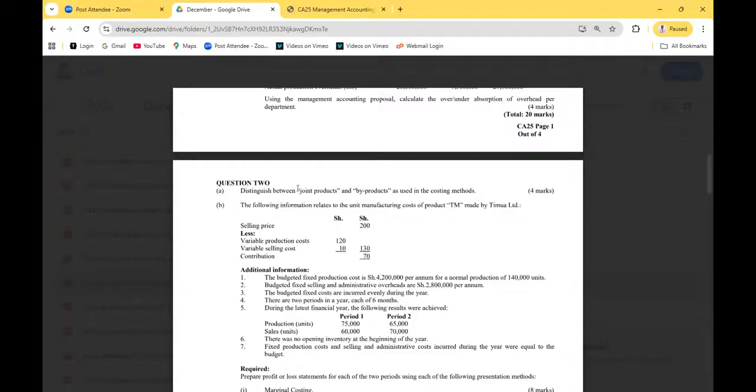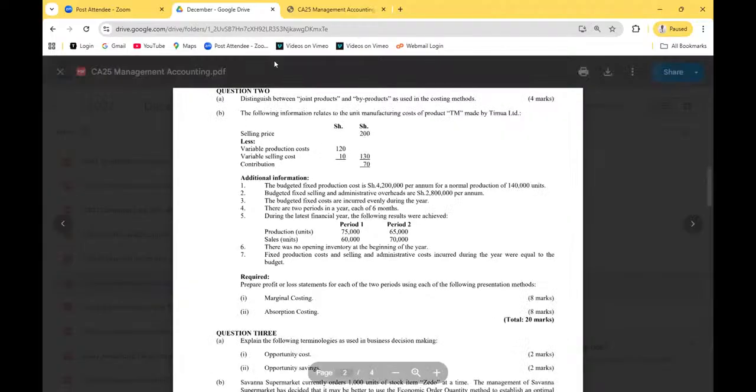Are you able to distinguish between byproduct and joint products from that information? Let me see what somebody is giving us there. Check on your sound.